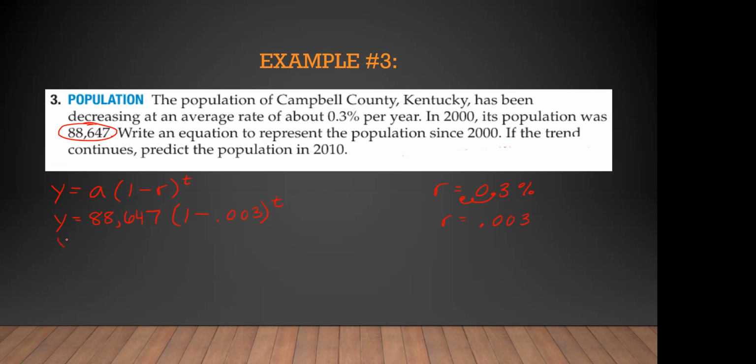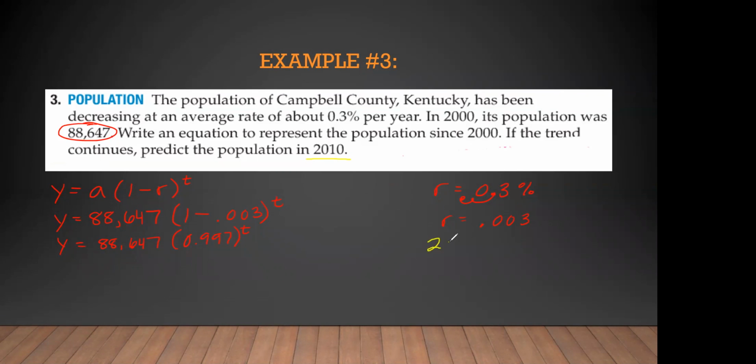So we could even simplify this equation by subtracting 3 thousandths from 1. We end up getting 997 thousandths to the power of t. So that's our equation. And then it's asking to predict the population in 2010, okay?